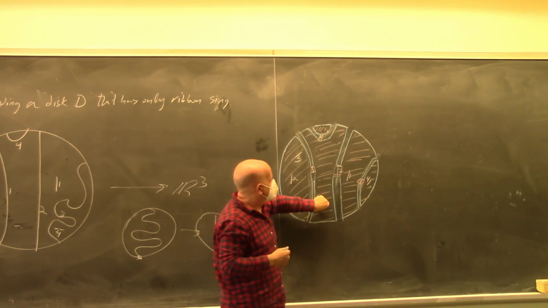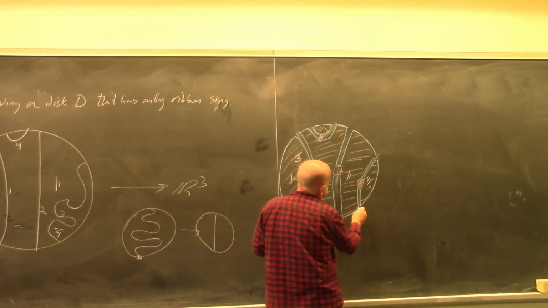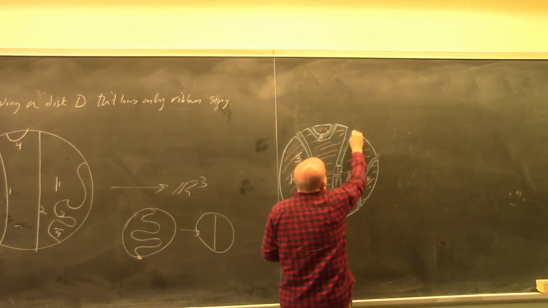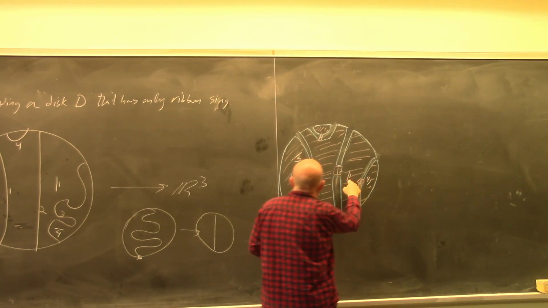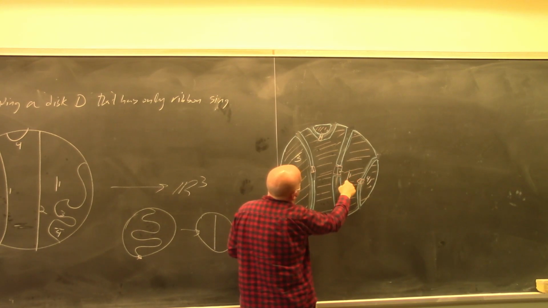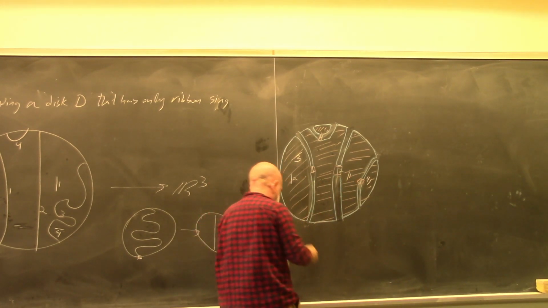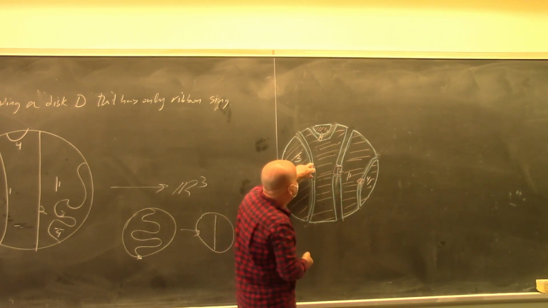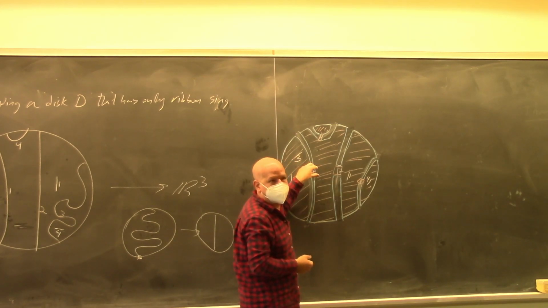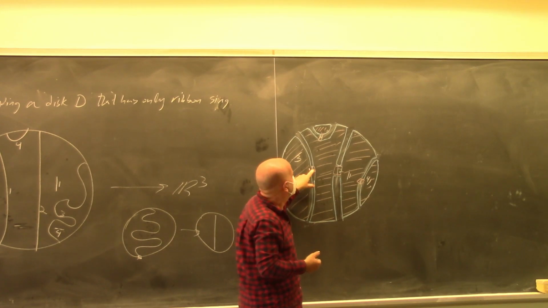Maybe I should have looked at this one. This disk has a singularity, but the singularity is with line number one, and the other side of line number one is inside a band.